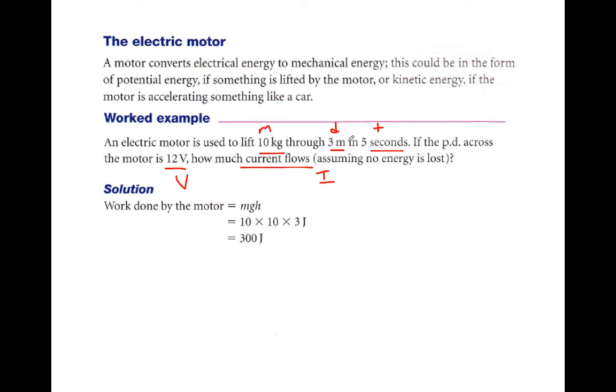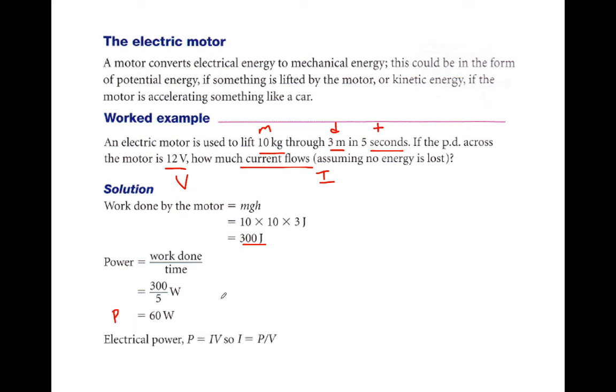We know that the total energy here is 300 joules. Remember, power is work done over time. It's a rate. Well, the work done is this energy, 300, divided by the time, which is 5 seconds. So we know that the P is 60 watts.